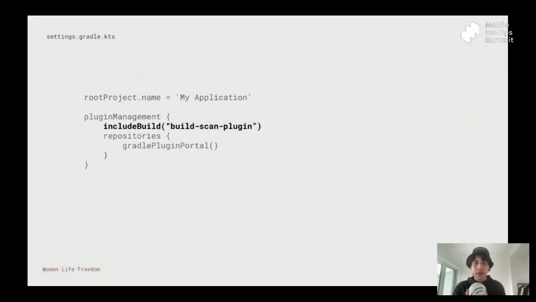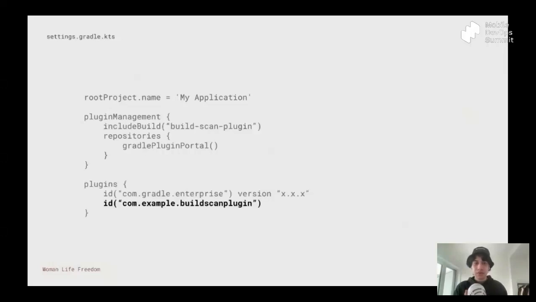And then you want to add this plugin management block, and inside of it, include the project for our plugin. This way, we are connecting our plugin project to our main project. Now you can apply the plugin with the ID that you have previously specified for it. And just like that, we have a local Gradle plugin.